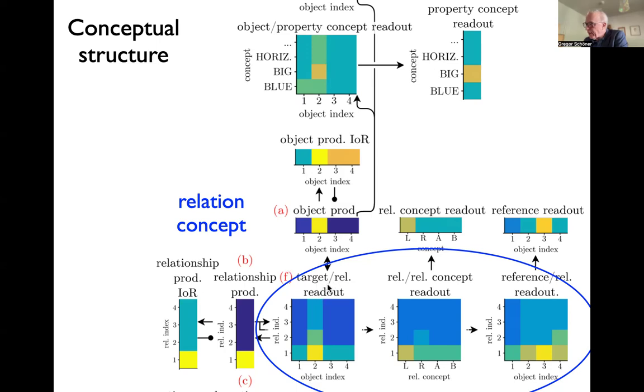So the role of target is object number 2. That's the target of relation number 1. And there's a similar field for the role of reference object. So here, for relation number 1, object number 3 is the reference object, right? And that is stored up here. And again, when you actually want to perceptually ground that, you have to read it out and so on.